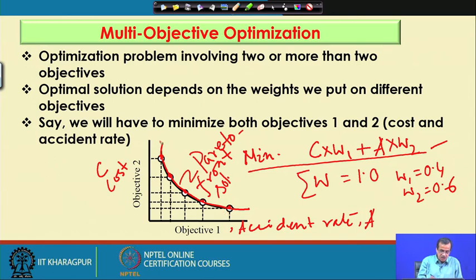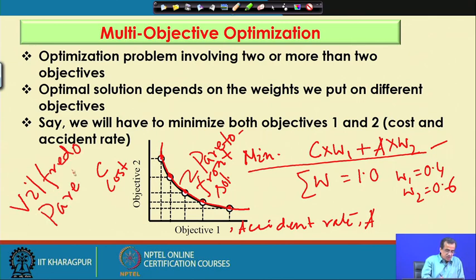This front is known as the Pareto front of optimal solution or Pareto optimal front of solution, according to the name of its proposer, Wilfredo Pareto. According to his name, this front is known as the Pareto optimal front of solution or Pareto front of optimal solution.